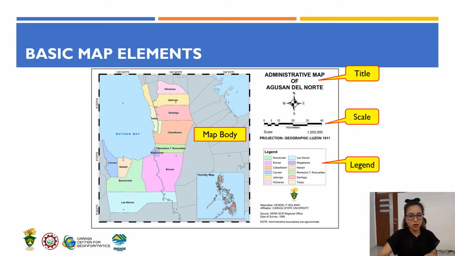The scale bar, ang scale nimo. The inset map. The inset map is parang if mo ni siya, if this is the main content of your map, the one in the broken line enclosed in a broken polygon, the inset map will give you an overview of asa kadapit ang gi-focus sa imong map.